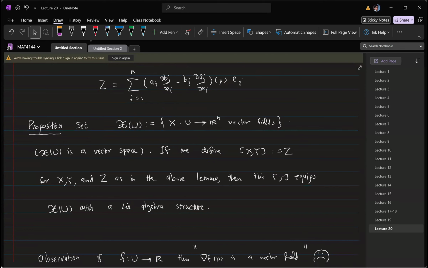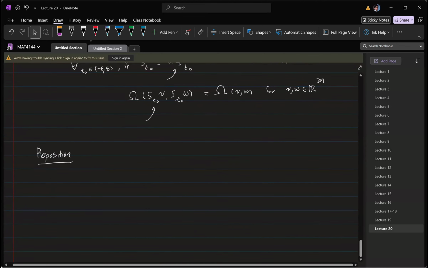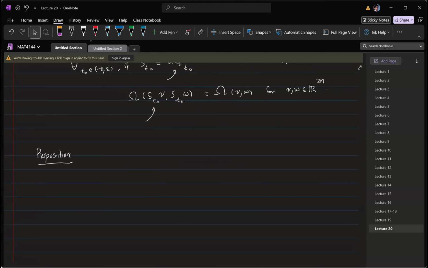The second thing we did was for functions on U: if we had U equipped with this bilinear form, the symplectic form, then we could construct these vector fields. So now we can pull back the Lie bracket on the vector fields and see what it gives on the space of functions.